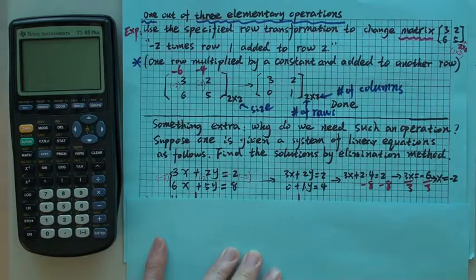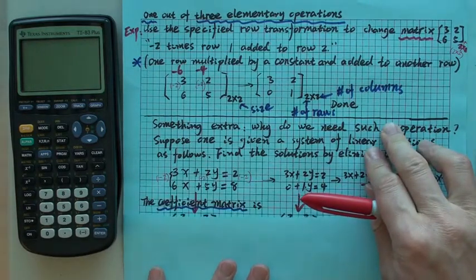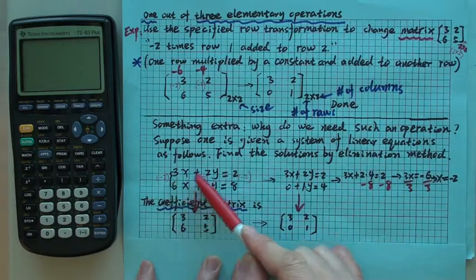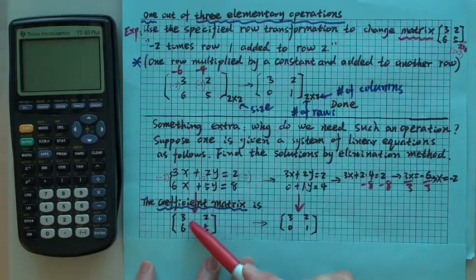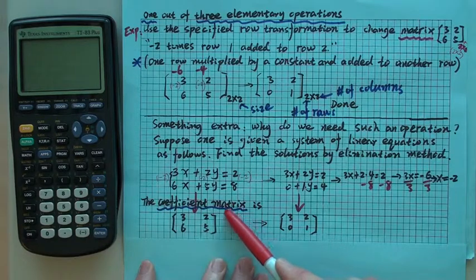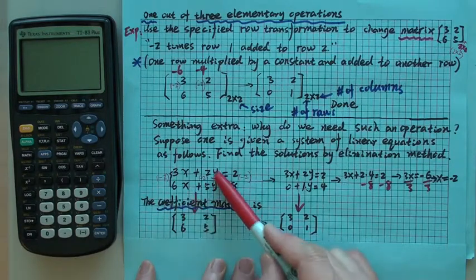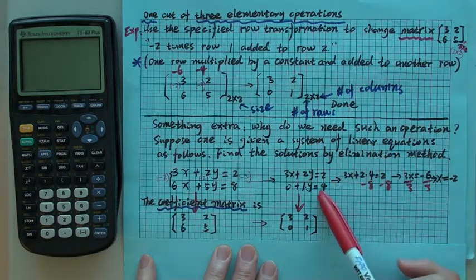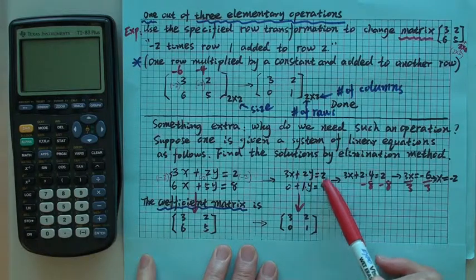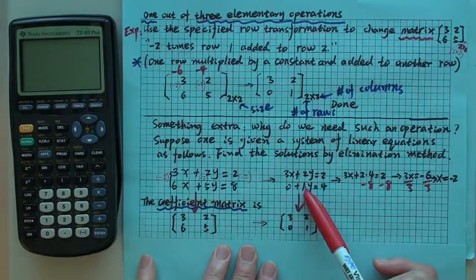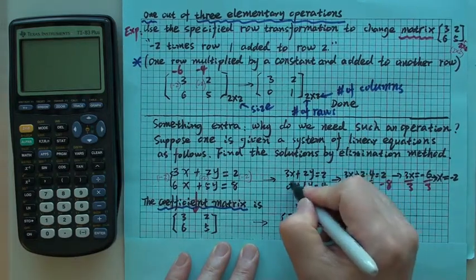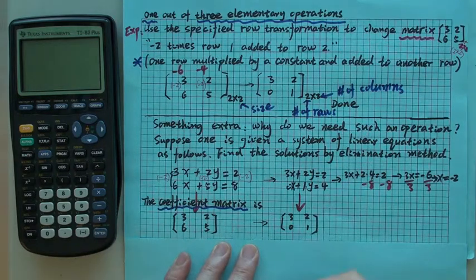Now, if you take the coefficients out, 3, 2, 6, 5, then this one will be called the coefficient matrix of this linear system. Similarly, 3x plus 2y equals 2, and 0x plus 1y equals 4.